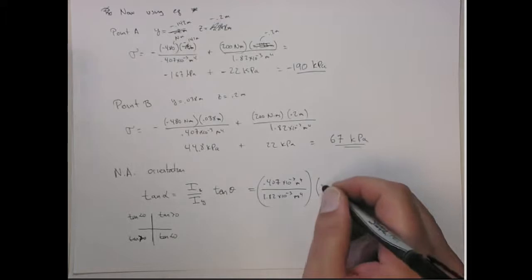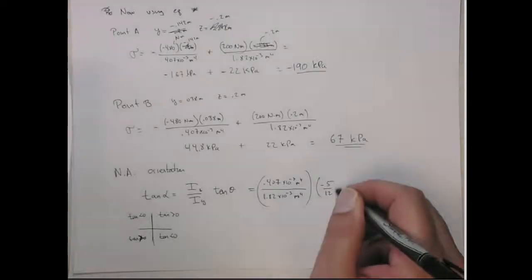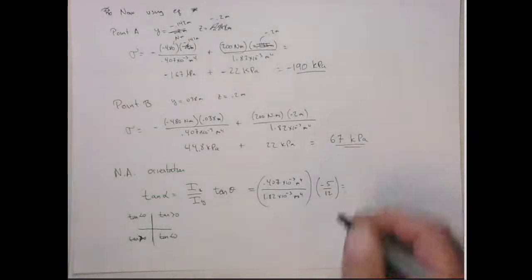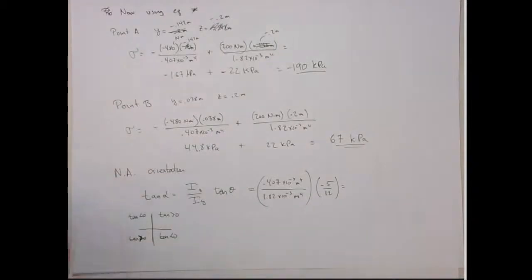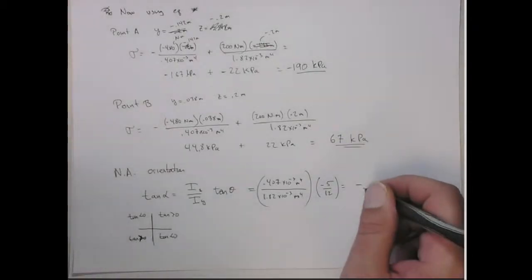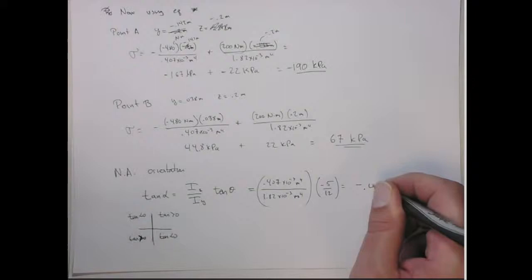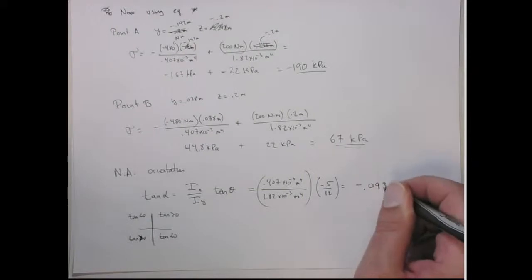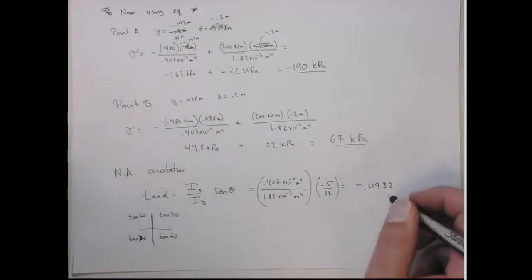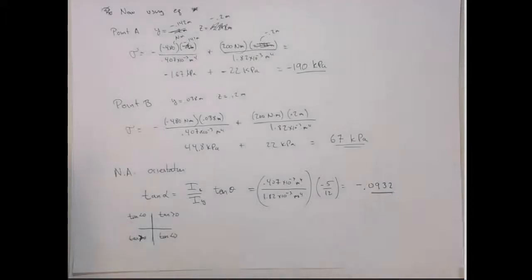So tan theta is minus 5 over 12. And so that gives me minus 0.0932. Okay, that's the tangent of alpha.